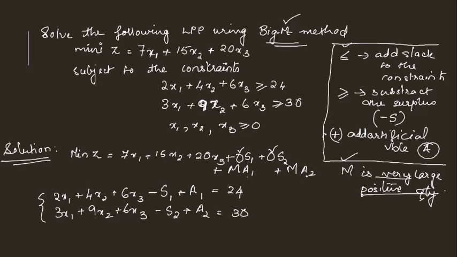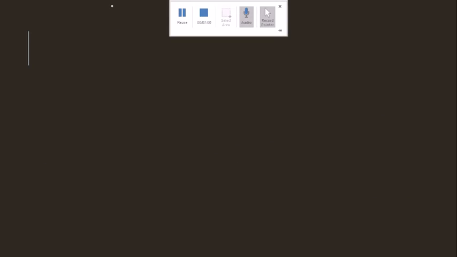And for the artificial variables a1 and a2, I have introduced a very large positive quantity named M. I hope till now this is clear. Now this is a standard LP problem, and now you will be creating your initial table. So let's have a look at how to create the initial table.